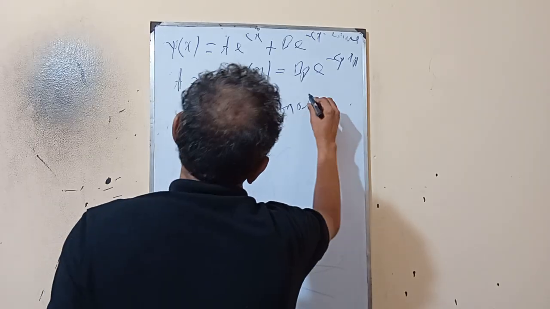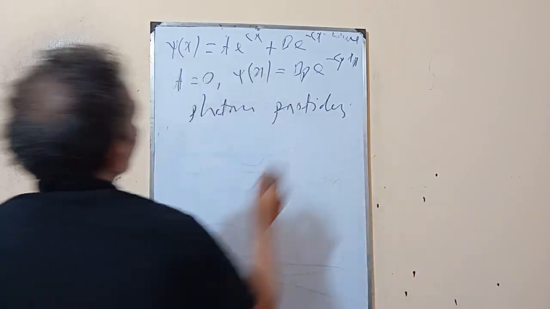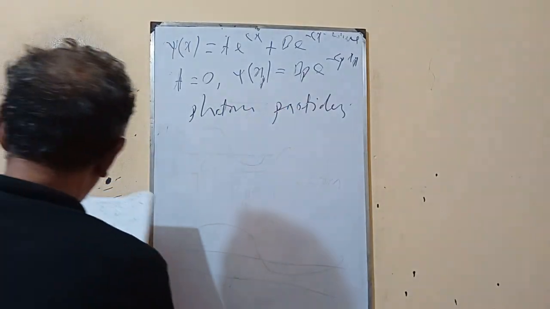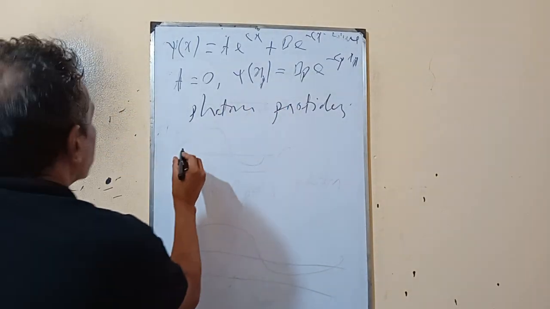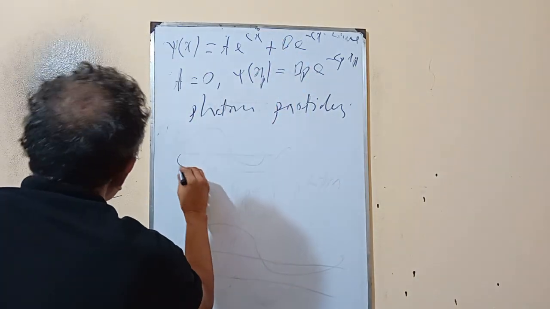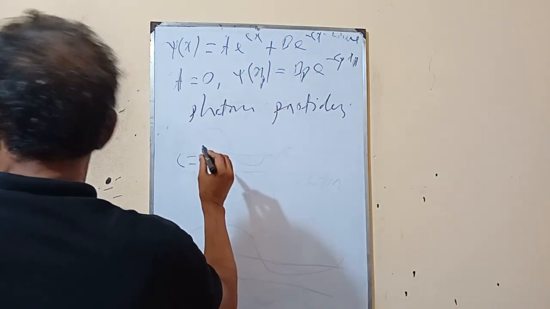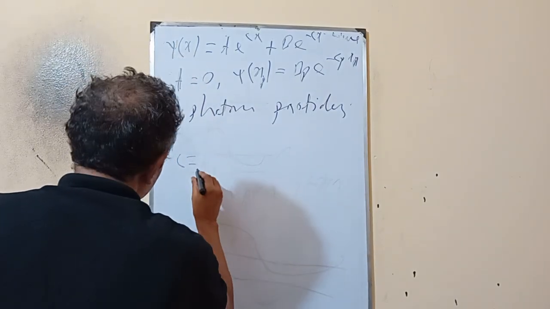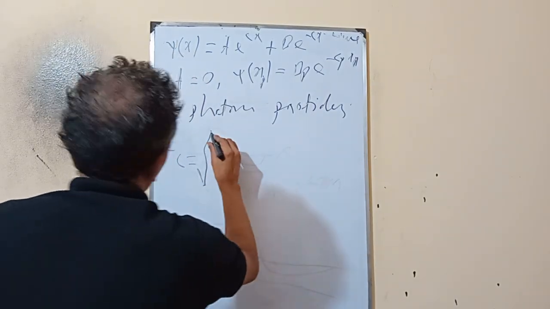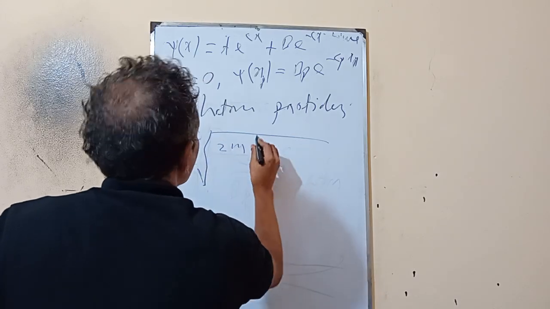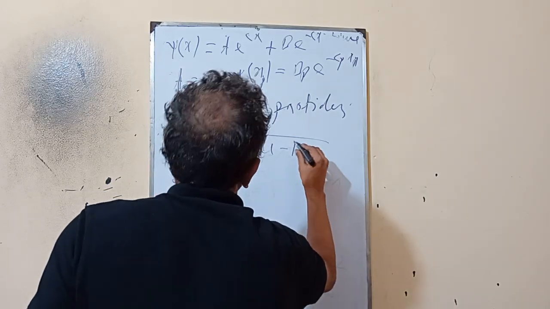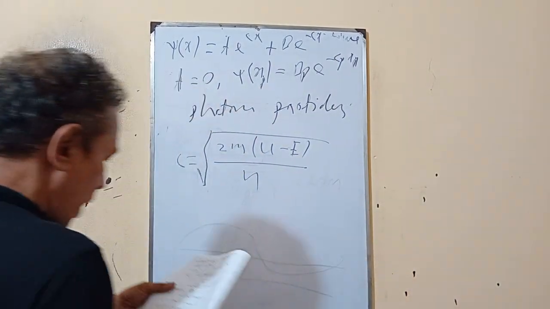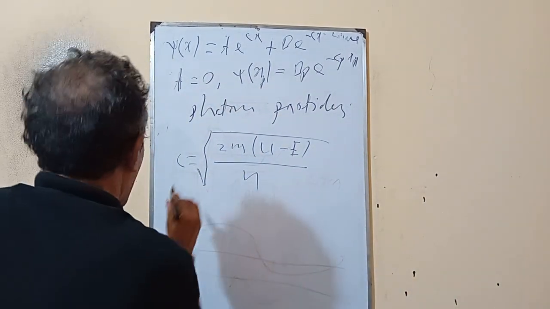XP. And then suppose, but this C is equal to what? C is equal to twice M, U minus E, over H. And now we have the analysis for the M.